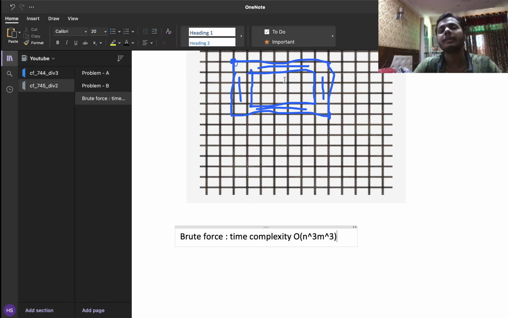Because O of n square m square time to iterate over the rectangles, and O of nm time to calculate the stuff inside the rectangle. Okay, so this is the brute force complexity.